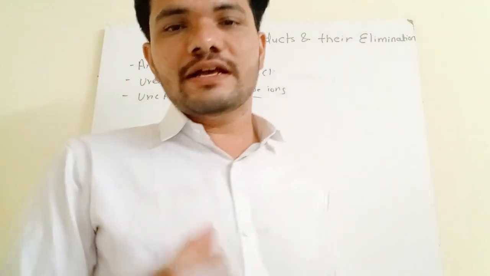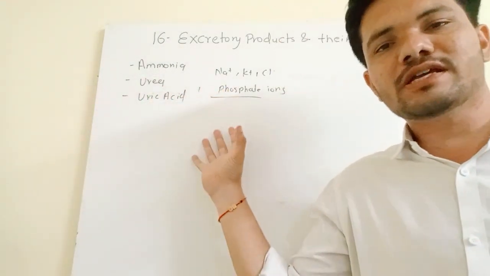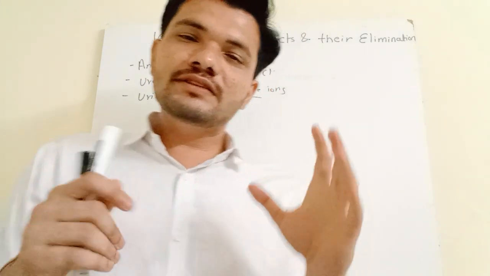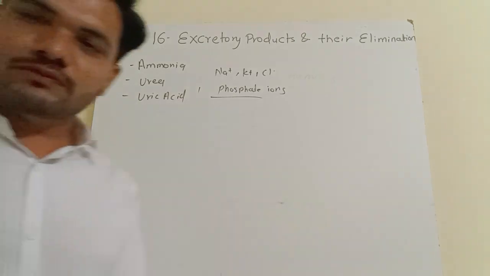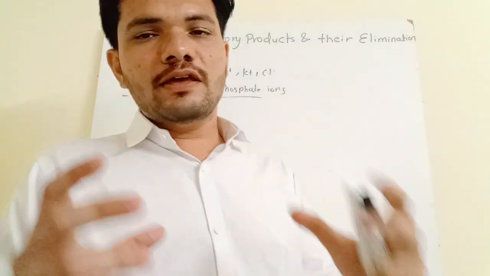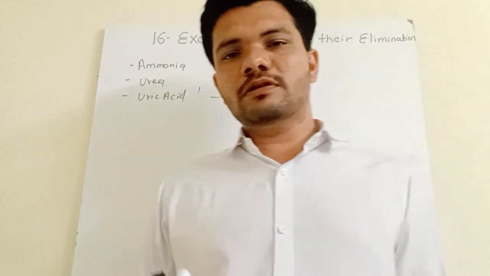So what do cells have to do here? They have to eliminate these wastes. They have to throw these wastes out of the body, right? That's what the organisms want to perform. Why? Because if they accumulate these wastes, it will create many problems for them.